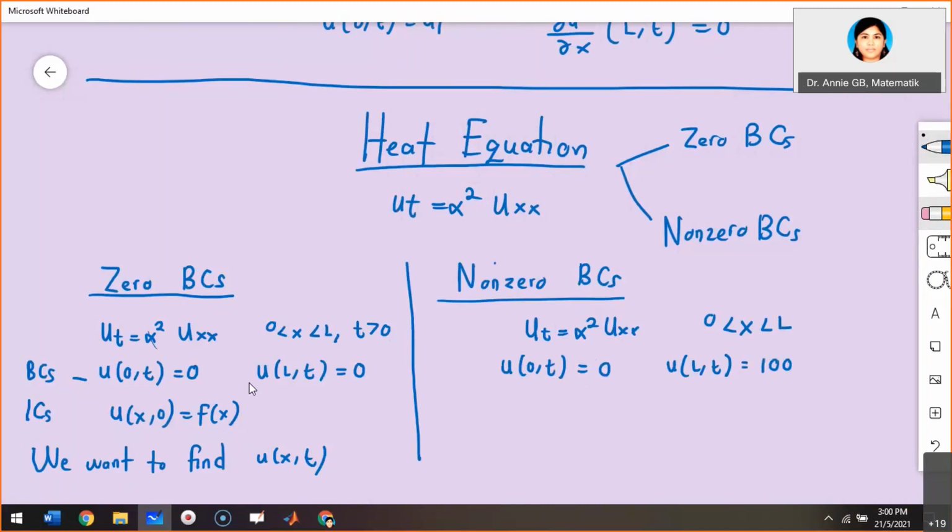What that mean? Okay, contoh saya bagi kalau dia 0 dengan 100 saya boleh kata, okay, let's say there is a rod. Okay, ni kita punya rod. Pada sebelah sini, okay, pada sebelah sini kita dia berada di temperature sejuk.